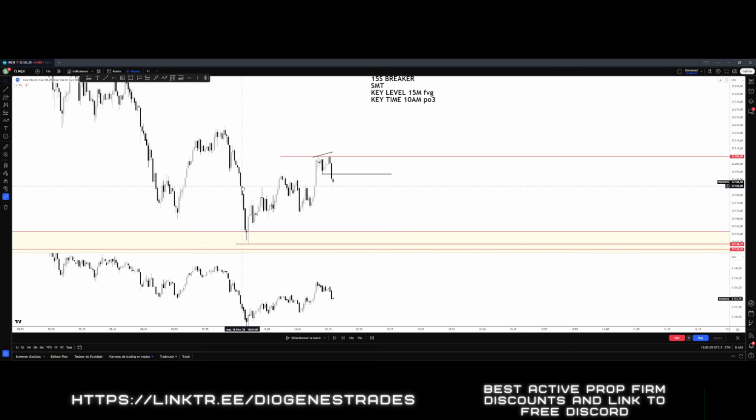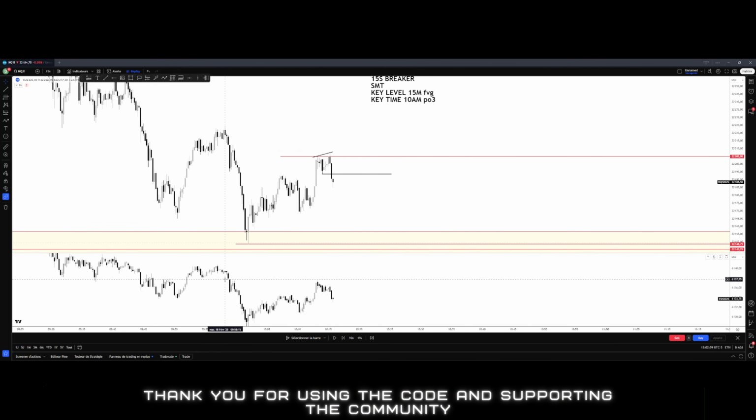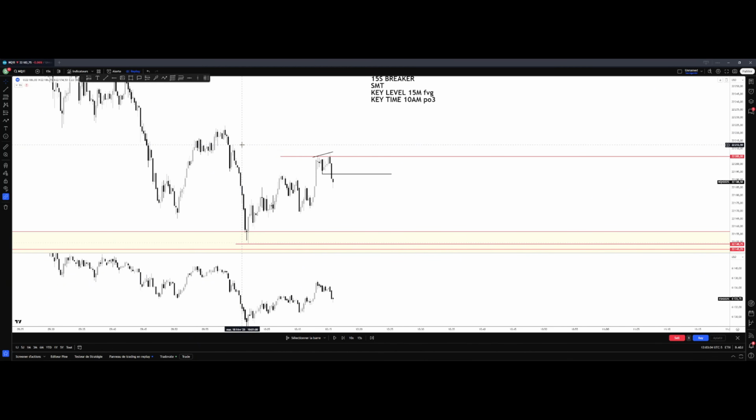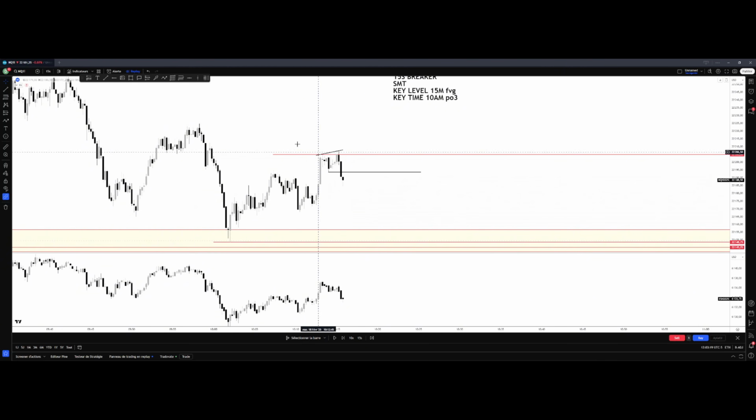Okay. I think we have also, I think this was an SMT because we took this high for a tick. So this was also, I think, an SMT. Alright. But let's just say this was an SMT. So this was actually our breaker, right?